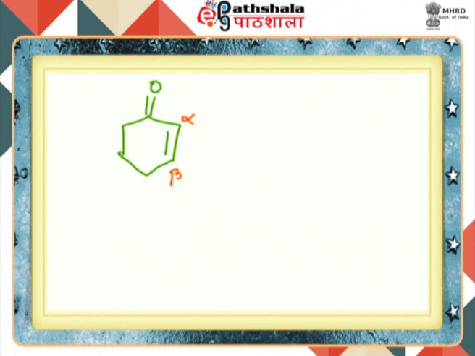So what happens is, when this molecule is treated with the hydroperoxide ion, that is OOH minus, this OOH minus will be attacking the beta carbon as you can see here, and in turn these pi electrons move to this position and we get the oxygen anion. So what we get is, let us try to write.